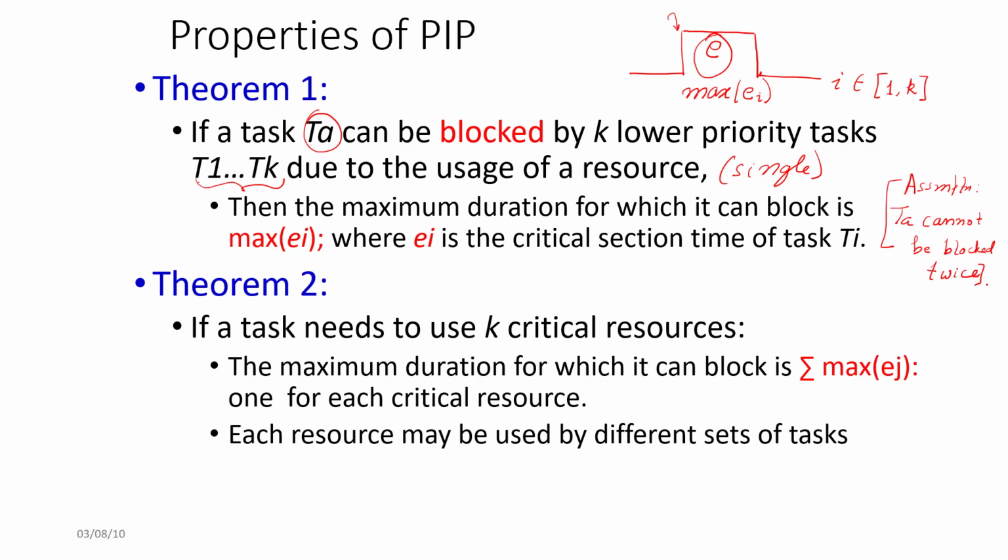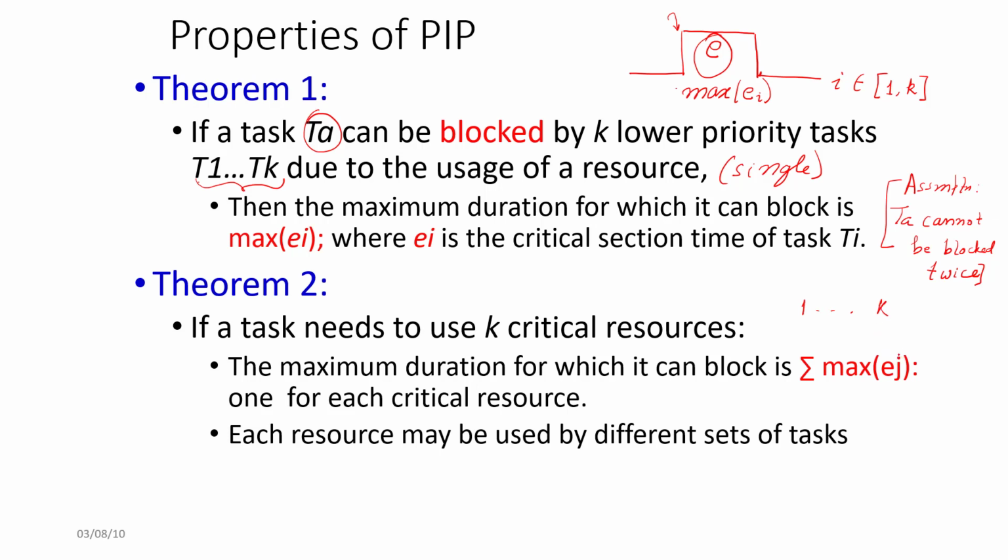We can slightly extend this argument. Let us say TA needs k critical resources. Then the maximum duration for which it can be blocked, where again we don't consider tasks with a priority higher than TA, is the summation of max EJ, where EJ is the set of all the tasks interested in a given resource. If there are k resources, we number them 1 to k.